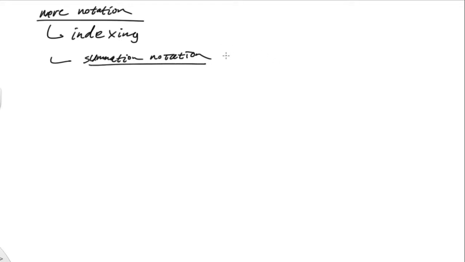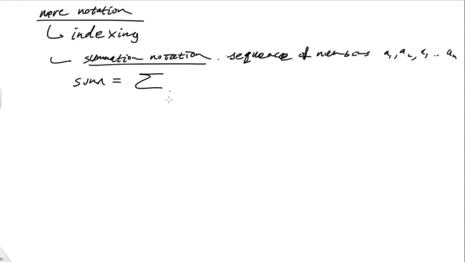The idea is if you have a sequence of numbers like A1, A2, A3, all the way to AN, then the sum, using that big sigma symbol from n equals 1 to n of AN, equals what we'll call our big S, some result.